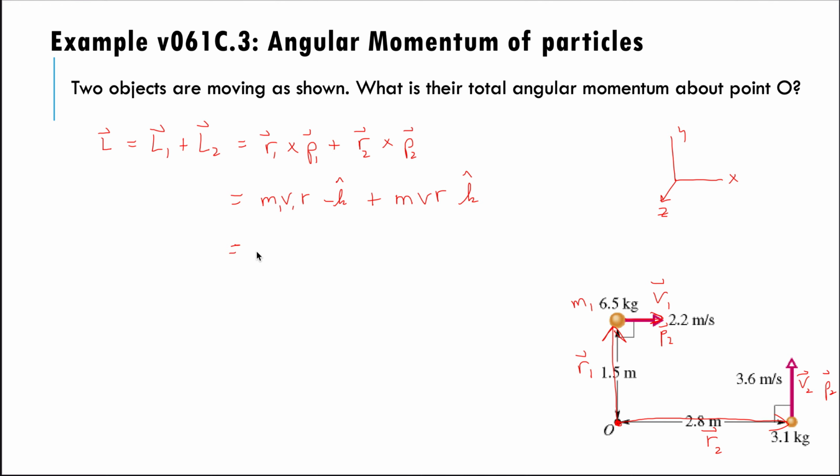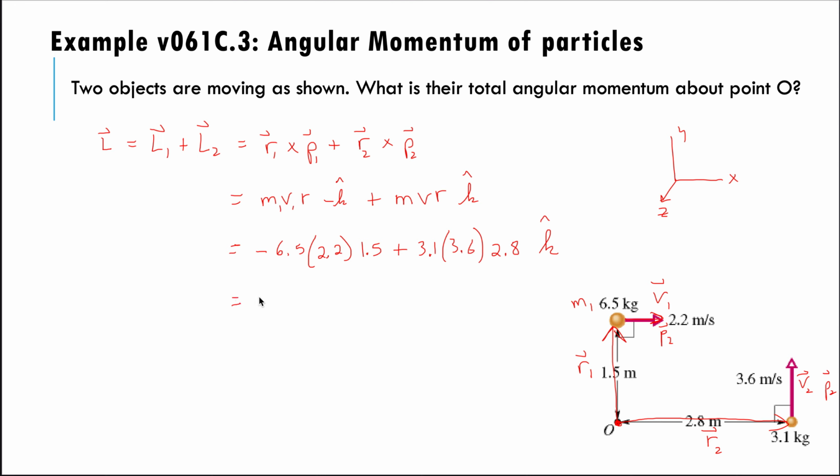So we're going to have negative, and then our mass here is 6.5 times the v, which is 2.2, times the r, which is 1.5, plus mass 2 over here, which is 3.1, times the velocity, which is 3.6, times the r, which is 2.8. And then when we add these two, our final direction is going to be the k direction here.